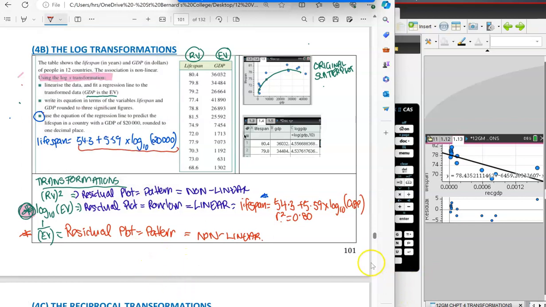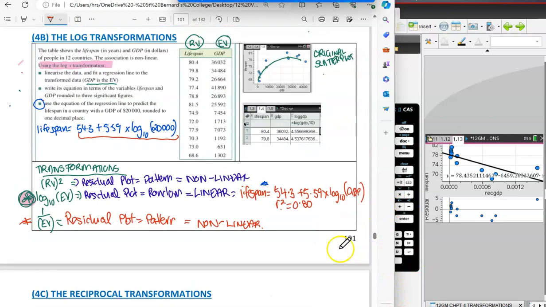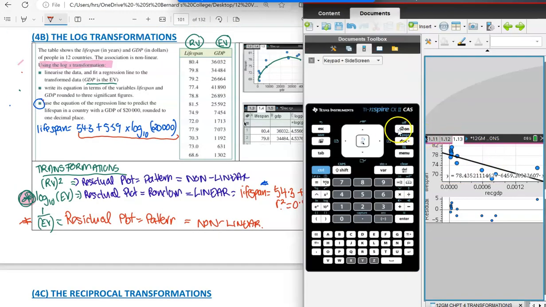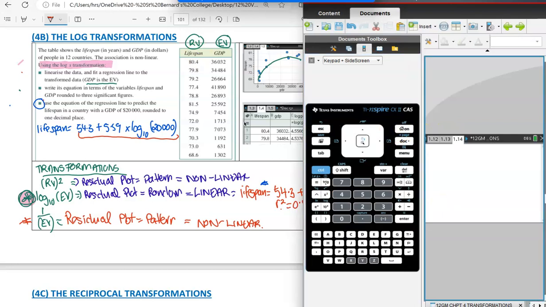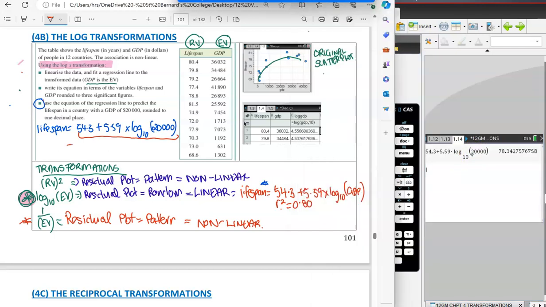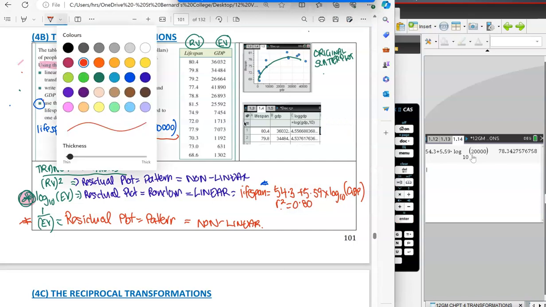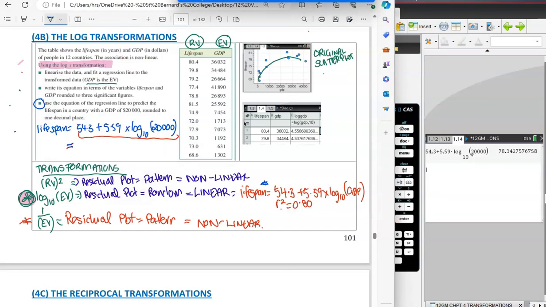So I'll show you over here on the calculator. Just go to a normal calc page and you're going to go 54.3 plus 5.59 times, and you have to do the log function, log 10, and 20,000 goes in there. So the lifespan prediction for this one, once we've transformed it, would be 78 years.